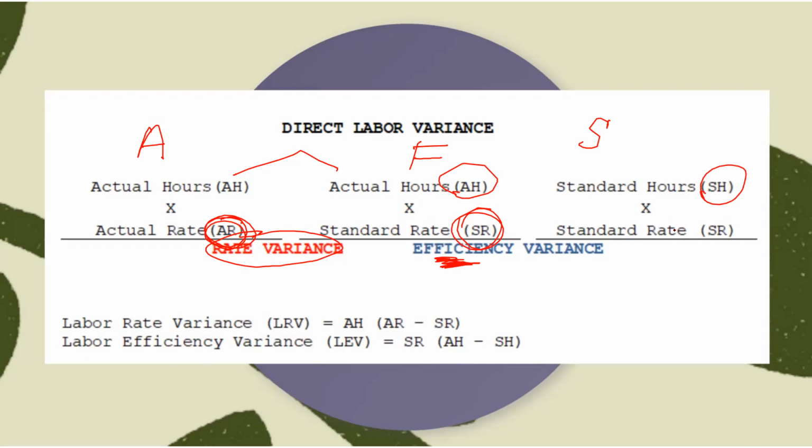When doing the production or when doing the labor. Now, who is responsible for the rate? Usually, it's our human resource. Of course, our rate that we incur and the standard rate only. That's what we are looking at. How about efficiency? Who is responsible? Again, it's under your production.